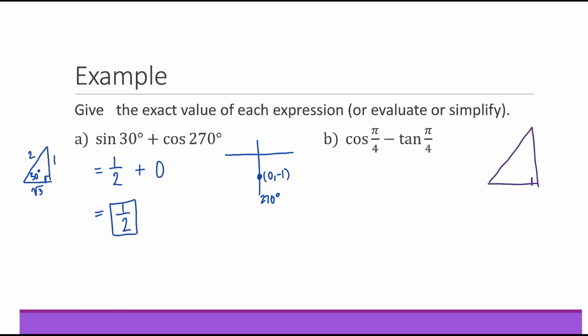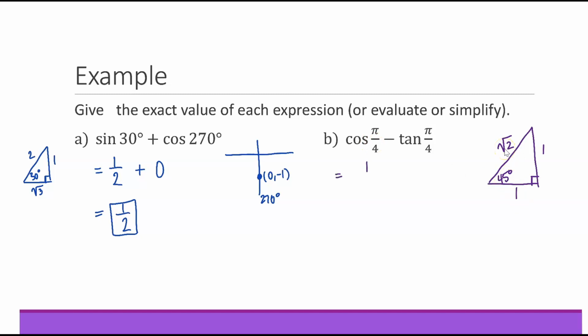So we do have that special right triangle that we can use to evaluate here. So I'm going to go ahead and draw a quick right triangle. It's a 45, 45, 90. And we said here that the two legs are of length 1, and the hypotenuse is a length of radical 2. For cosine of pi over 4, remember that we are doing adjacent over hypotenuse.